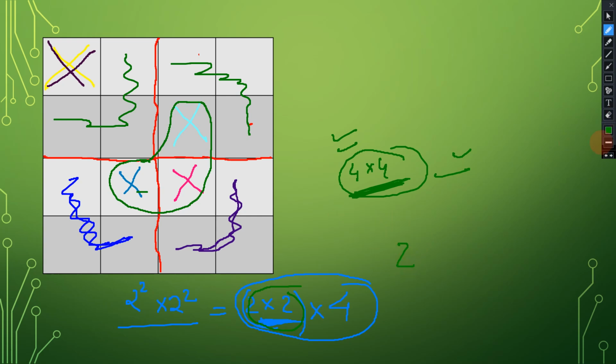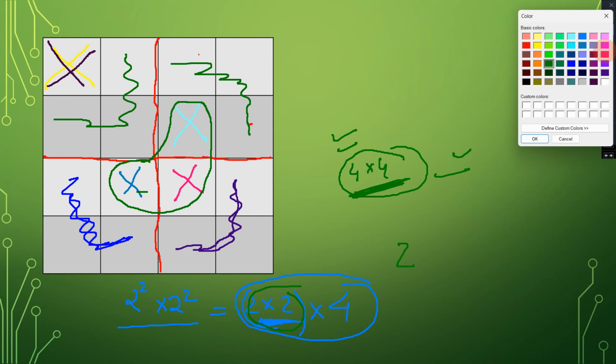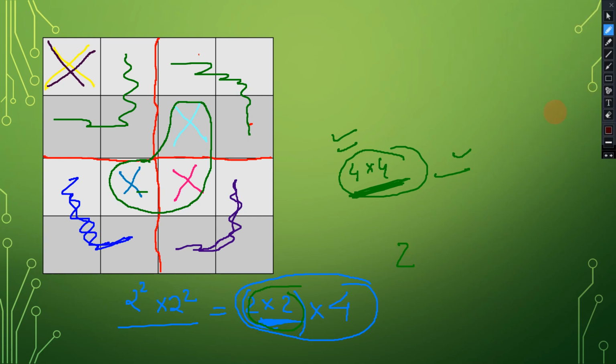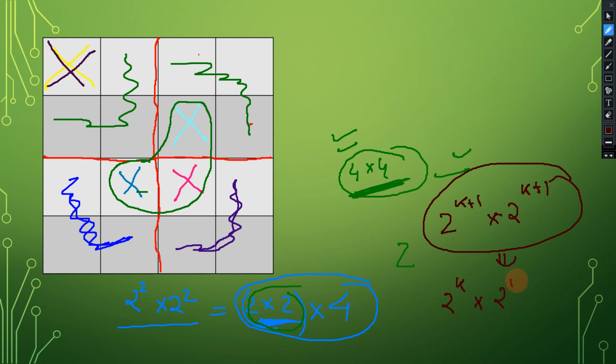Okay, I will change the color. Size 2^(k+1) into 2^(k+1). Okay, that is the inductive step. And I will break this bigger problem in terms of the smaller problem of size 2^k cross 2^k.